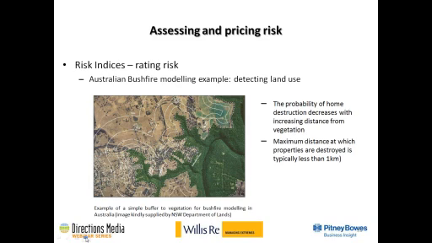So the further we get away, any property that's in the outer buffered area that you can just make out in the map is going to be the least likely to be affected by a bushfire. So that lets us at least understand, and to a degree quantify, the risk associated with properties in and around vegetation in Australia.